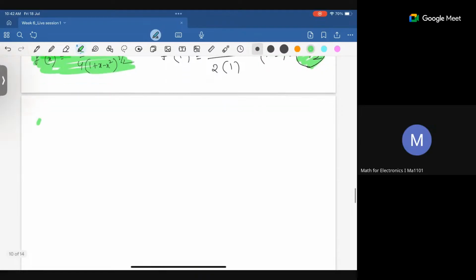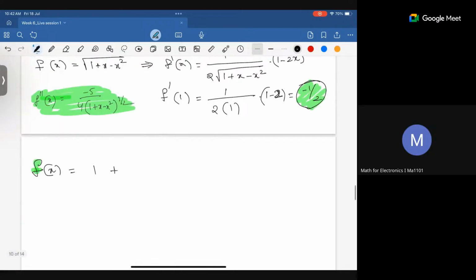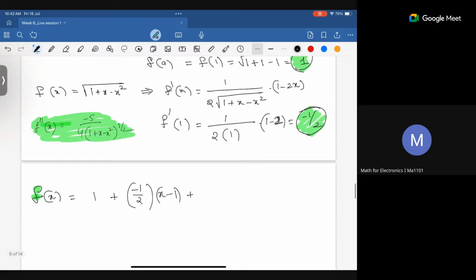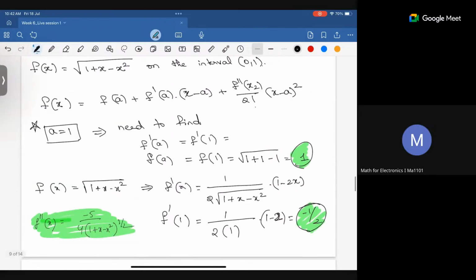That f of x will be f of a, which is 1, plus f prime of a, which is minus half, into x minus 1, plus, I need some x2, right? So this x2 will be in the interval of 1 comma x. Some x2 in 1 comma x.